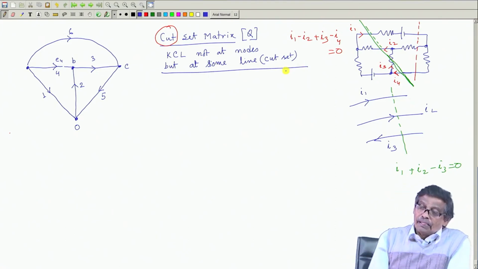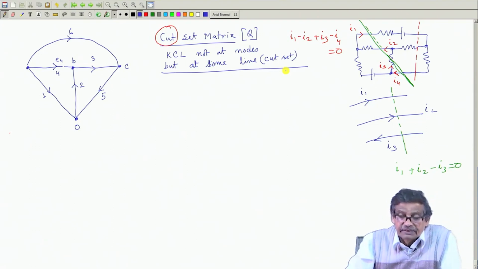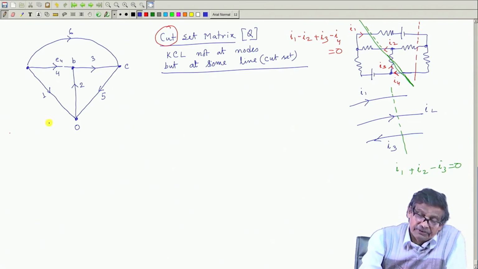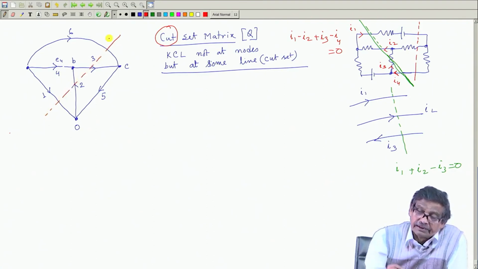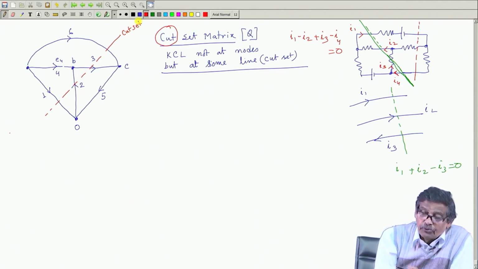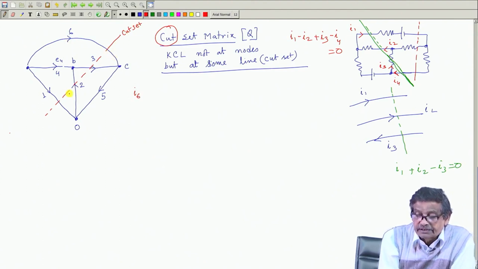For example, in this network, this is the network, its graph is like this. If somebody divides the network in this way, draws a line, this is called a cut set. Then I am sure about one thing, try to follow me: I 6 from left to right is crossing this cut set. Suppose you assign a plus sign.